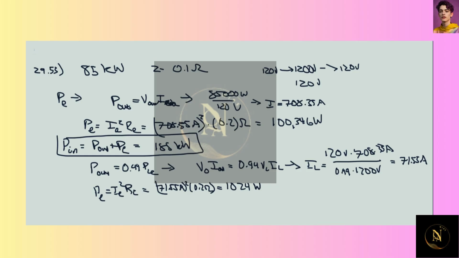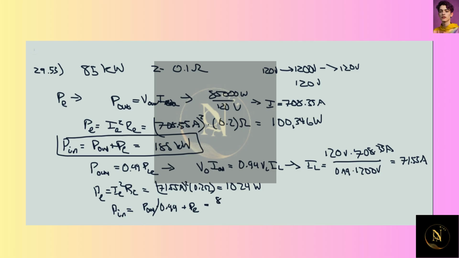So what this means is the power delivered that we first need is going to be, so the power in now is going to be the power out divided by 0.99 because of the last transformer, plus the power lost.